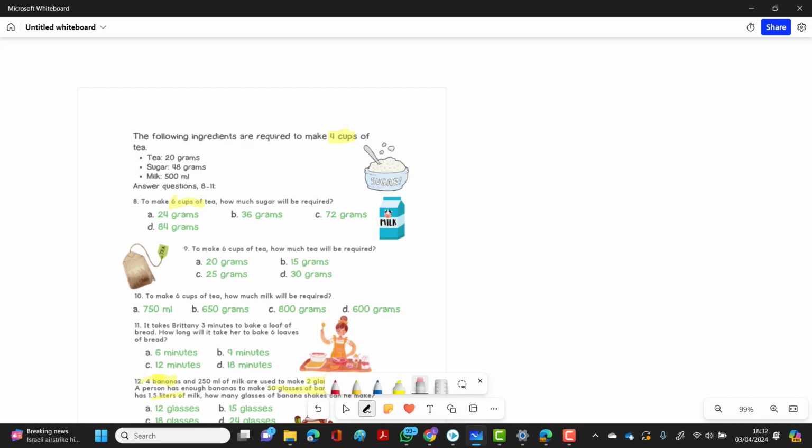Okay, number 7 we're doing. The following ingredients are required to make 4 cups of tea.